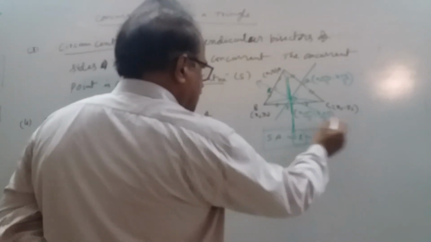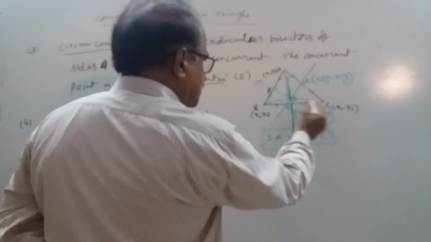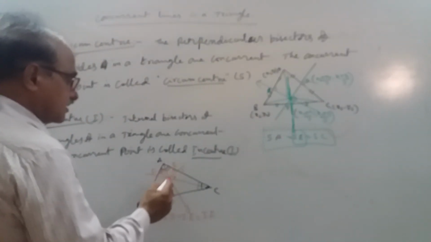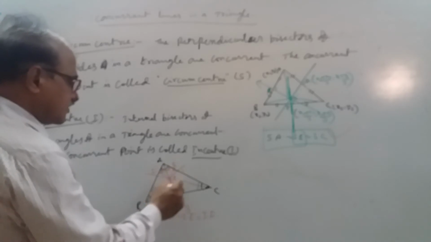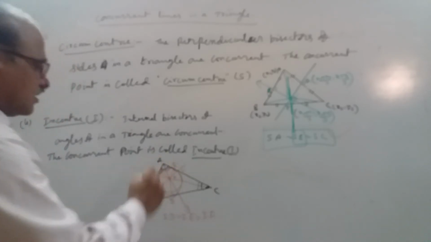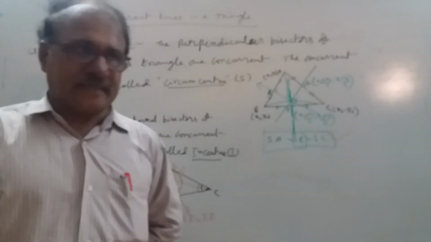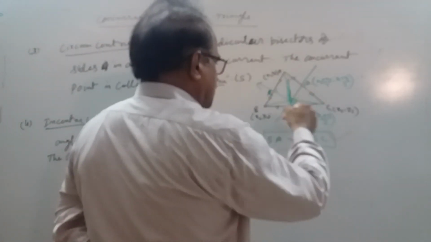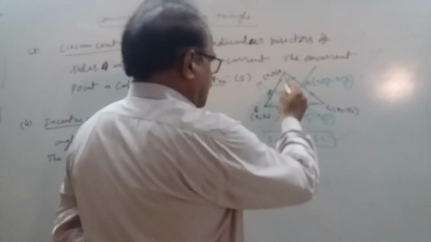For the circumcenter the condition is SA is equal to SB is equal to SC. Here the condition is ID is equal to IE is equal to IF. The incenter is equidistant from the sides, whereas the circumcenter is equidistant from the vertices.